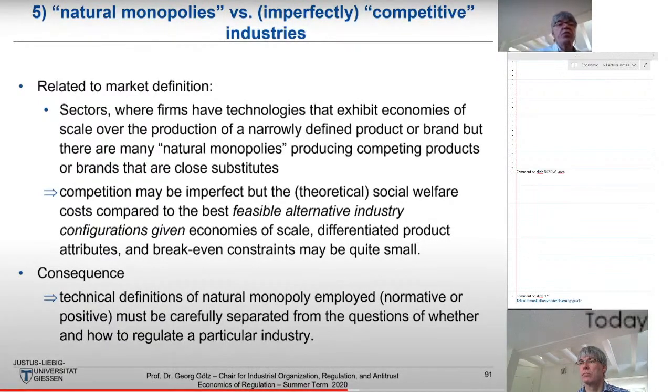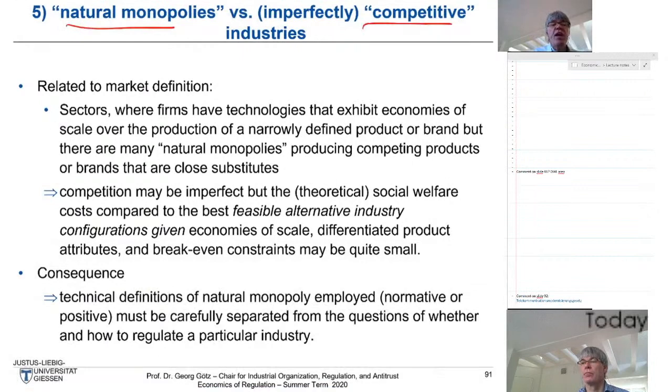Here we move on with this discussion. Do we have a natural monopoly? Do we have competitive industries? Here's this narrow monopolies or narrowly defined product or brand. So the point is always here, that's like the weather apps. We never would have the idea that we should regulate the entry in weather apps. So the question is always, can we improve on the situation by regulation?